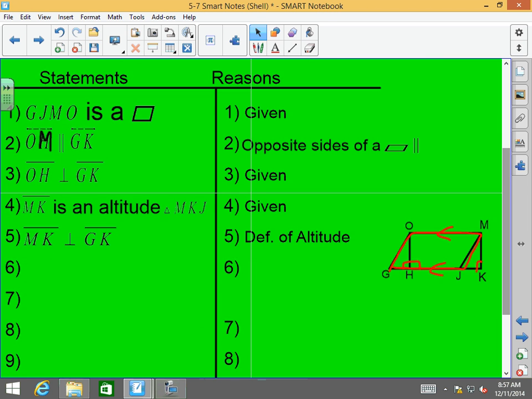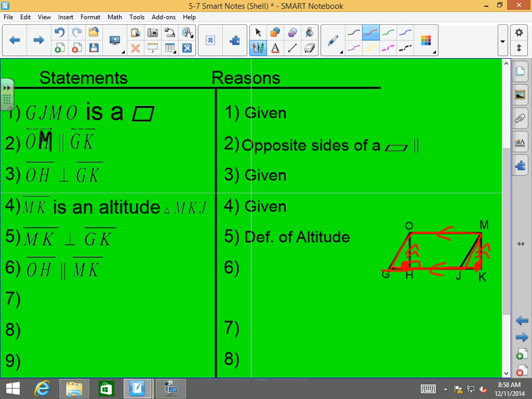And then here you got to think clearly, guys. Look at this angle here, OHG and MKJ. OH must be parallel to MK in this case. Why? If this guy here and this guy here are both 90, don't I have the F here?